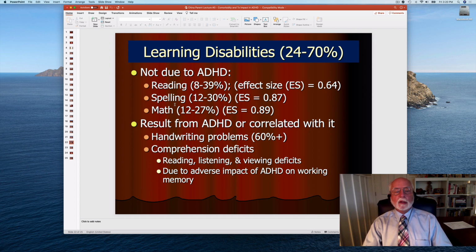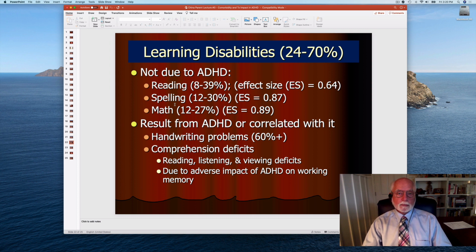Children with ADHD are less likely to attend to these educational media. They're also less likely to retain the information. They're more forgetful because they have a working memory problem that goes with their ADHD.